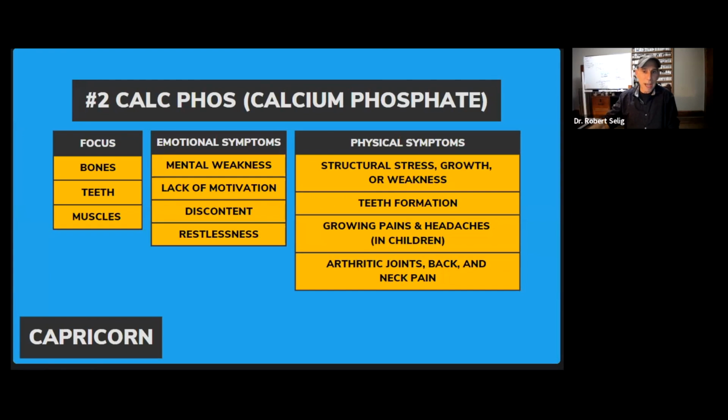Number 2, calcium phosphate. Now, the first thing we think about with calcium phosphate, 60% of your bones is calcium phosphate. So this is an amazing remedy because it's a constituent of all cells. It regulates and stimulates the production of healthy cells. It's a restorative tonic. It's a tonic for bone disorders, blood disorders.